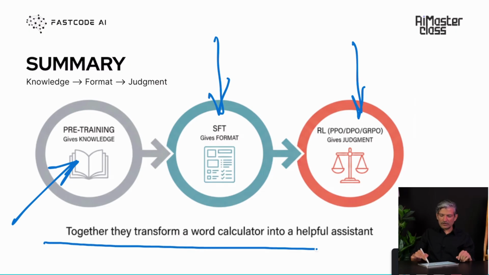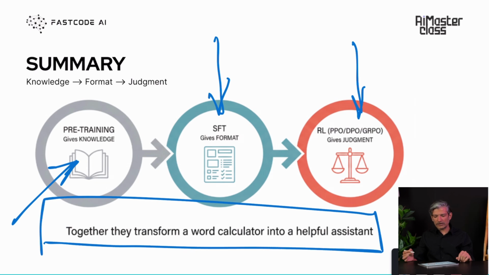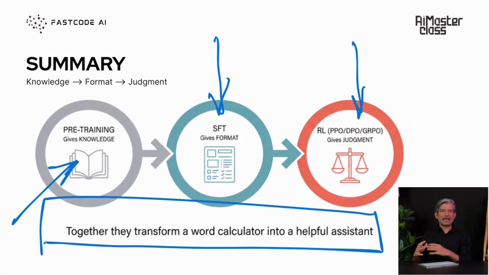Together they transform this next word calculator into the helpful assistant that LLMs can be. And the final message is, this is really simple. We will next look at all this in code and then finally do a simple assignment where this knowledge will become ours forever.